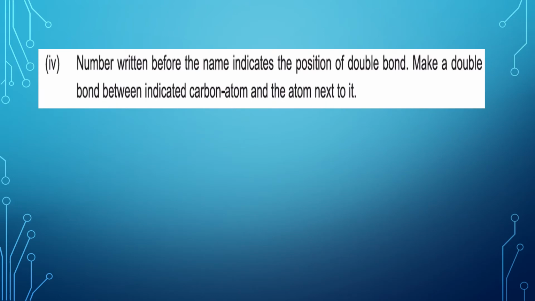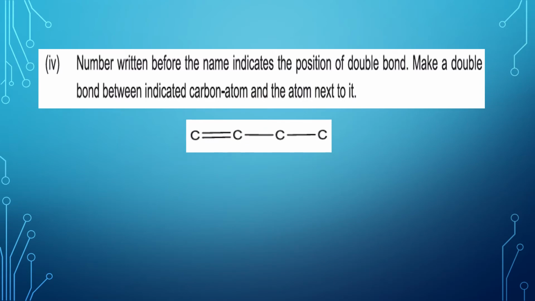So the number written before the name indicates the position of the double bond. As in 1-butene, 1 indicates that the double bond is present at carbon number 1. So make a double bond between carbon number 1 and the atom next to it, as you can see in this picture.